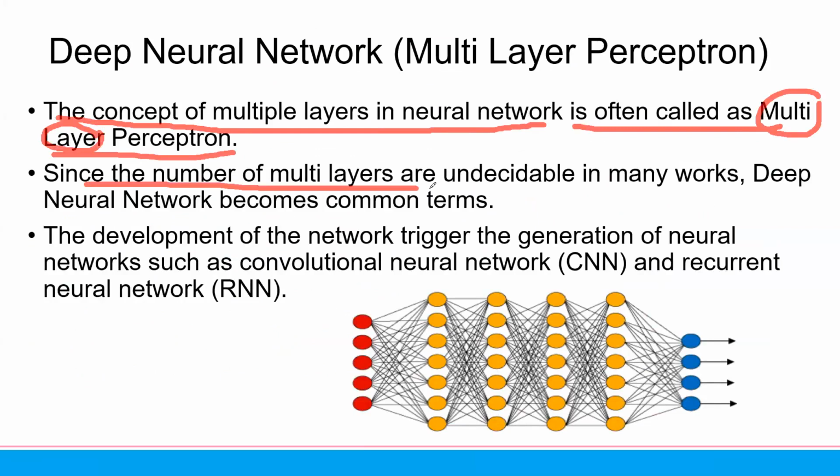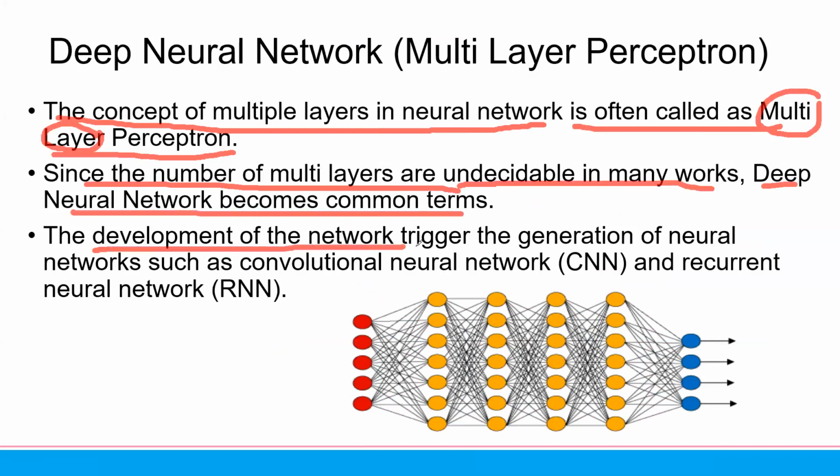Since the number of layers is undecidable in many works, the deep neural network becomes the common term. We do not know how many layers is good: 2, 3, 4, 5. It really depends on the data. It really depends on your decision. So that's why many people just use the word deep neural network.